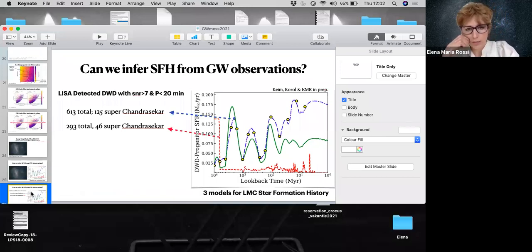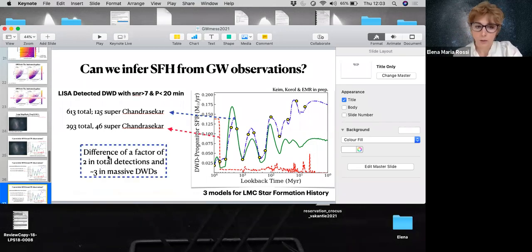What we have shown is that these two star formation histories give a different number of detections by a factor of 2, in particular different in massive systems, because the star formation history in which you have a burst in the past means that massive and short-period binaries will mostly have merged by the time we observe.